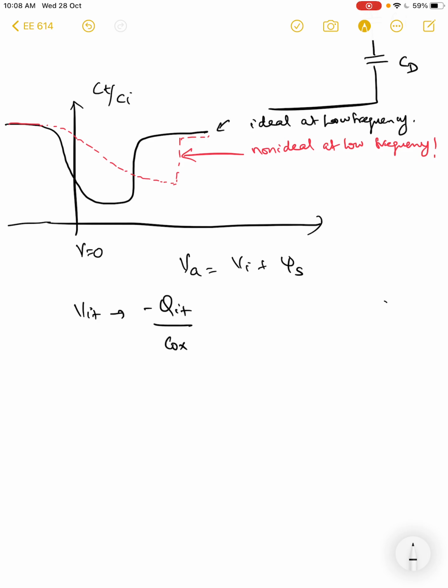Cox is the oxide capacitance, and hence your actual surface potential now gets effectively reduced because some of the potential is shared with the interface trap densities, right? So that leads to shifting the CV plots to the right hand side if you have positive charge densities at the interface, negative charge densities at the interface.